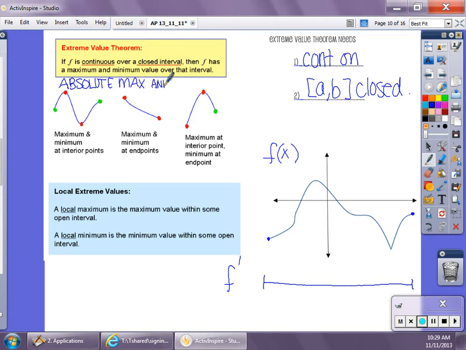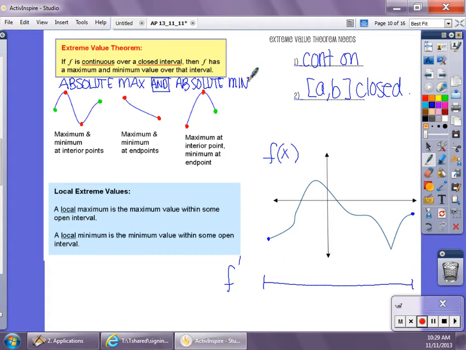This is a big fat and absolute min. You're not guaranteed just random max and mins. You're guaranteed absolute, not locals. You can have locals, but you are 100% guaranteed that you'll have an absolute max, and you are 100% guaranteed that you will have an absolute min, both. Not one, not the other, both. Okay, so that's what EVT.